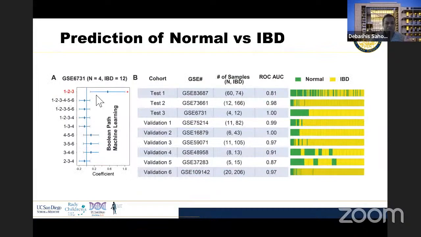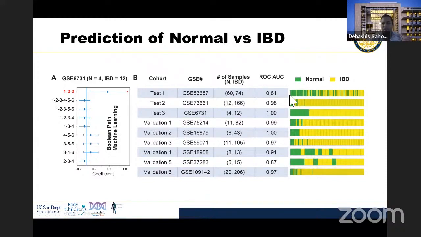And so when you look at the path 1, 2, 3 and try to figure out the natural underlying time series, it actually separated the normal and the disease cohort really well. And so these are the validation. You can see how they are able to separate the normal samples and IBD samples in a continuum from left to right based on this algorithm.